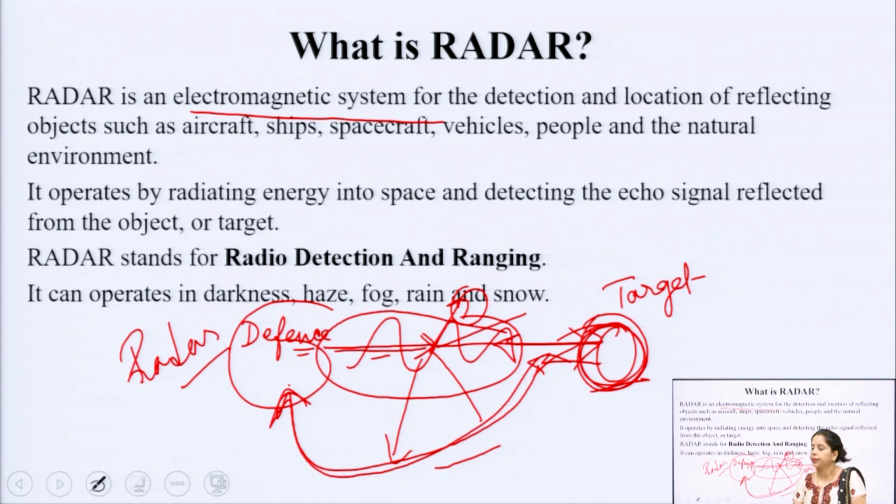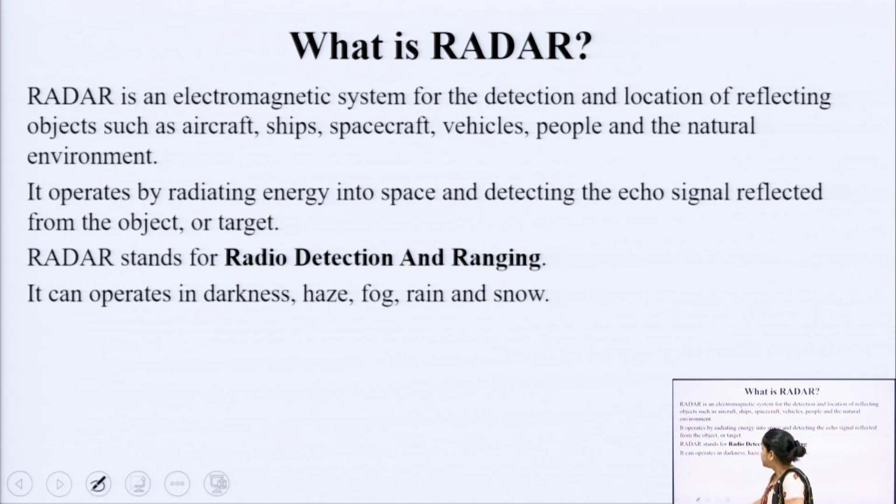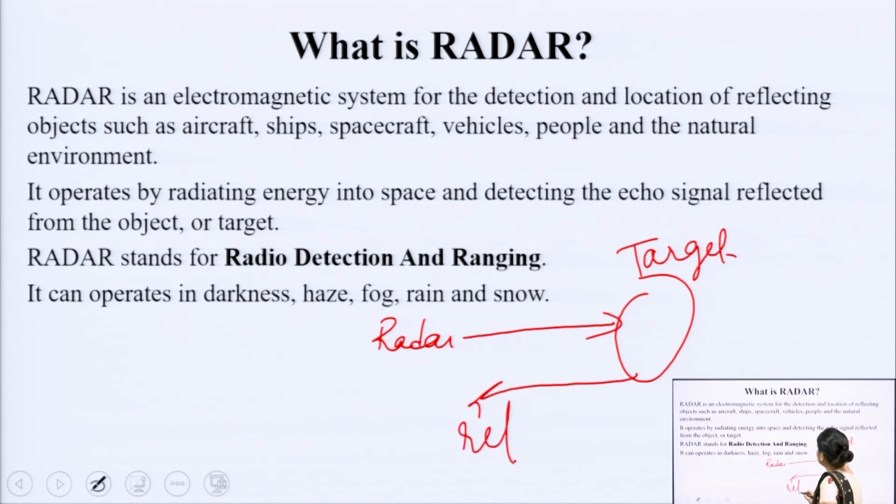How does it operate? It operates by radiating energy into space and detecting the echo signal. So, the same thing: the radar is radiating the signal, a target comes on its way and this target reflects the signal, or we can say the echo signal is reflected from the target, and it is received by the radar for locating the place of the target.